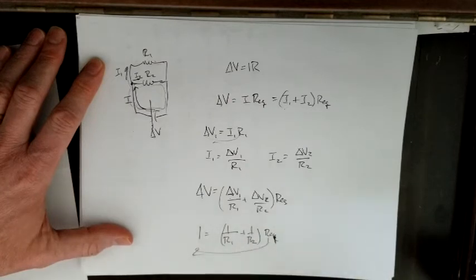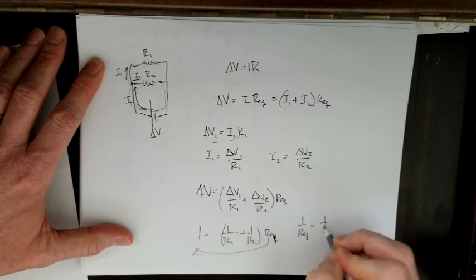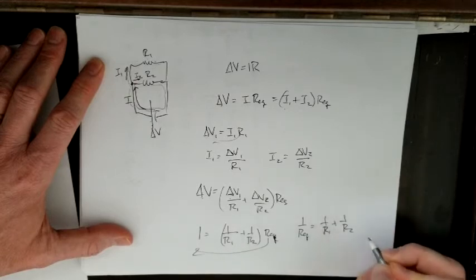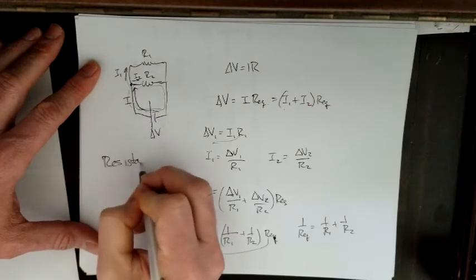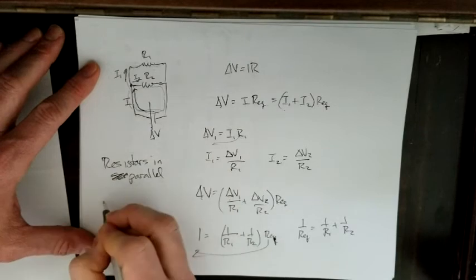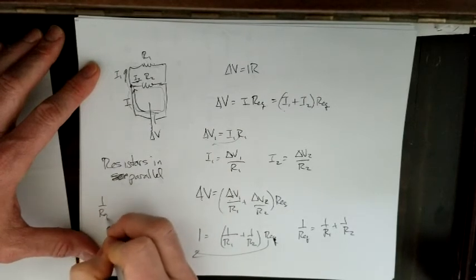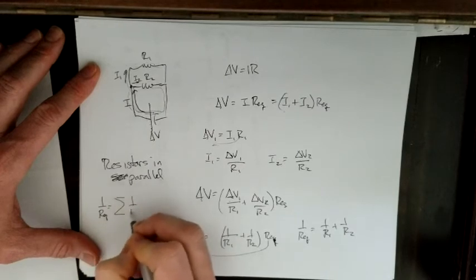I can divide both sides by R equivalent, and so I get 1 over R equivalent is 1 over R1 plus 1 over R2. And so for resistors in parallel, 1 over the equivalent resistance is equal to the sum of all the individual ones.